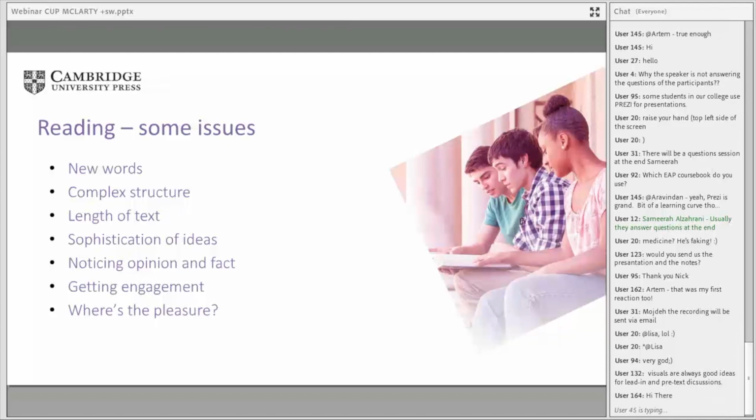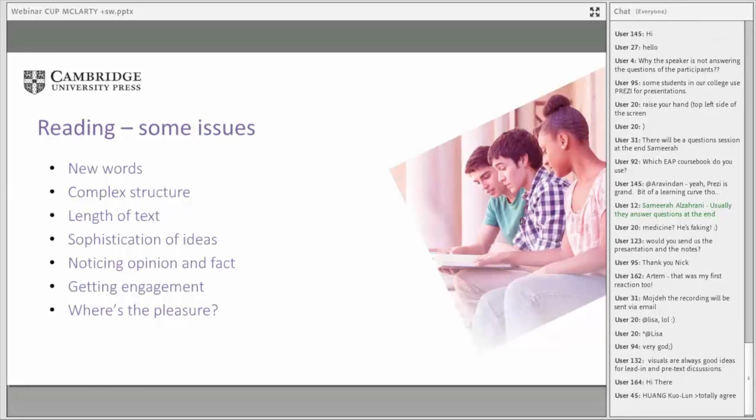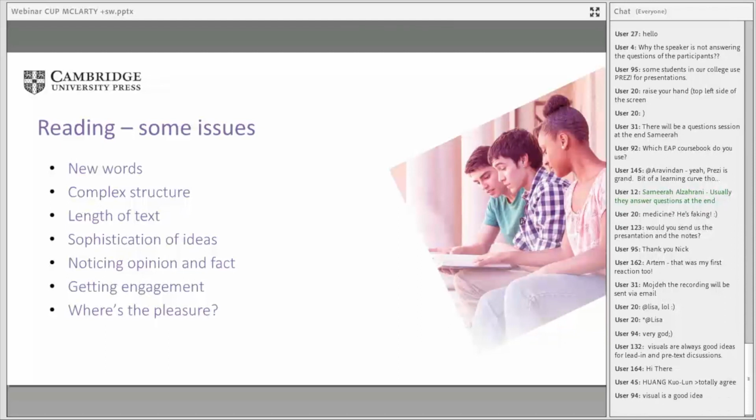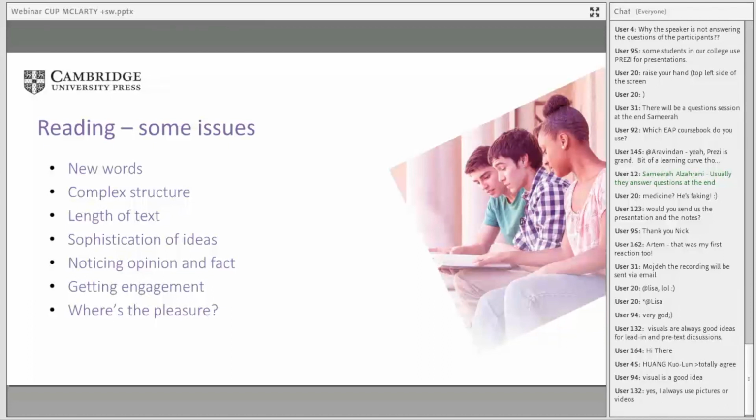Now, just before we look at that particular text about being a bystander, again, some of the issues connected with reading in a course. If you don't know what topics to choose, because you might have 20 students all heading into 20 different academic areas later in the year or later next year, providing a text which has too many unknown words can be quite discouraging.